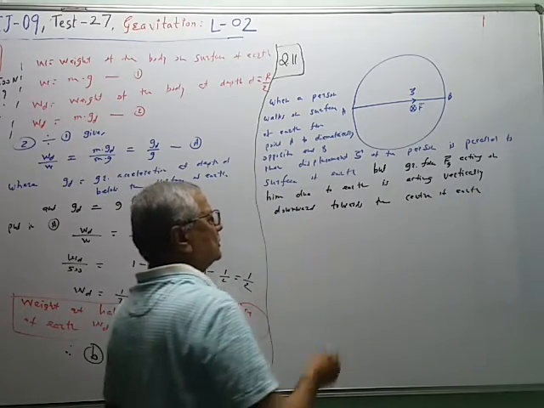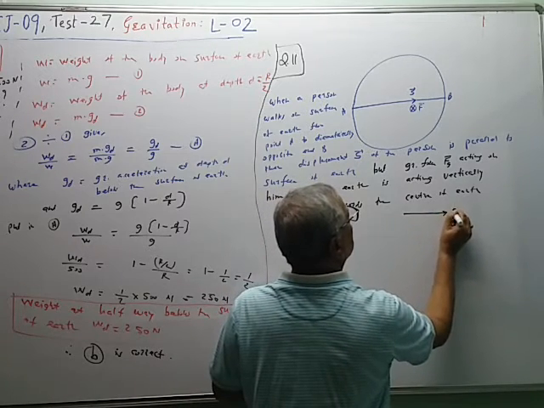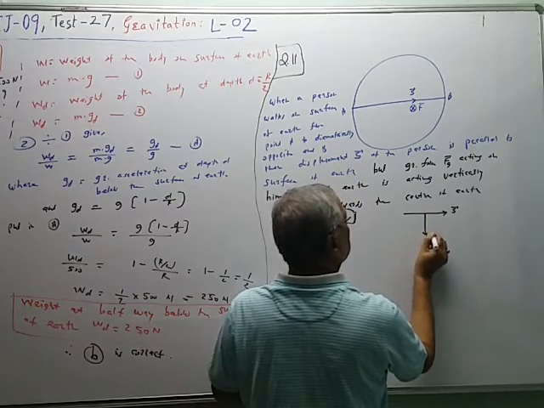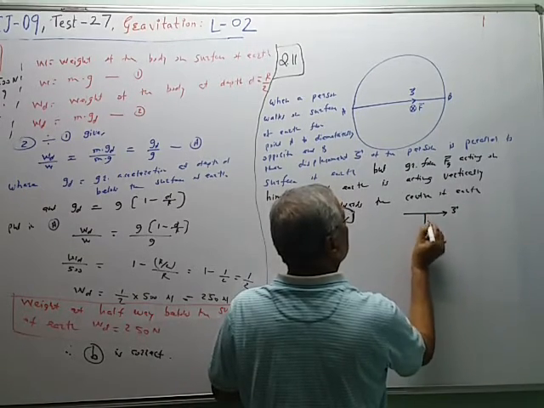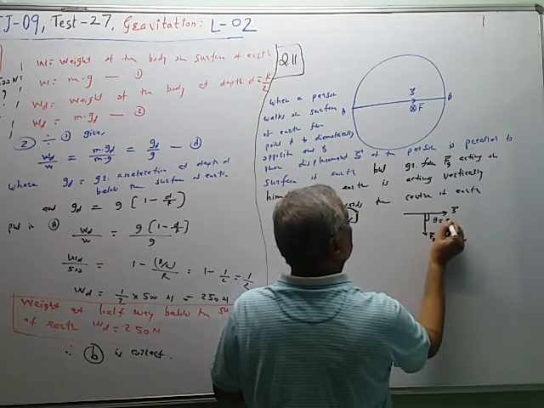So this is the displacement and this is Fg. So this angle theta is equal to 90 degree.